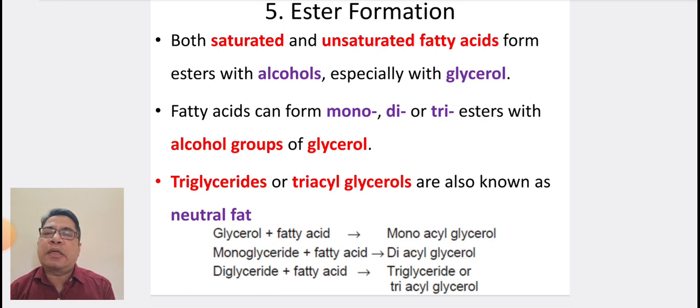Triglycerides or triacylglycerols are also known as neutral fat. For example, glycerol plus a fatty acid gives monoacylglycerol. This plus one more fatty acid gives diacylglycerol, and then diacylglycerol plus one more fatty acid gives triacylglycerol or triglyceride.